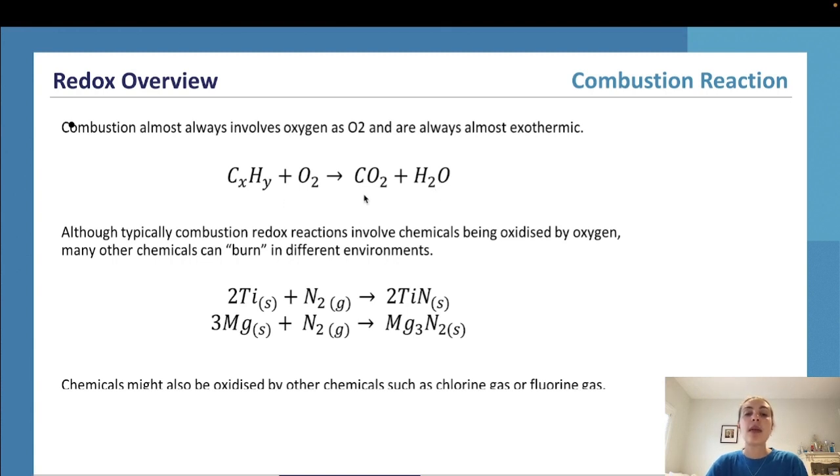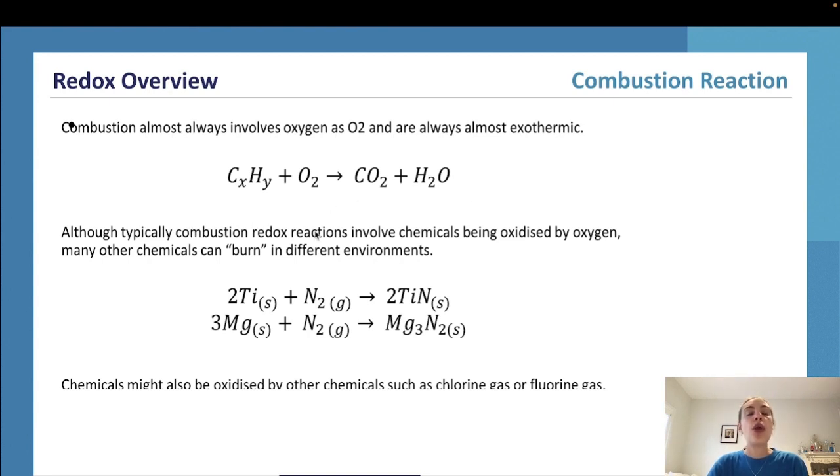So when you see something where its only products are carbon dioxide and water, and there's oxygen as one of the reactants, you can typically assume that you've got a combustion reaction.